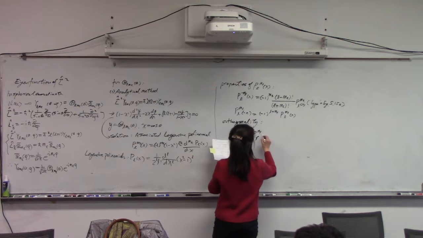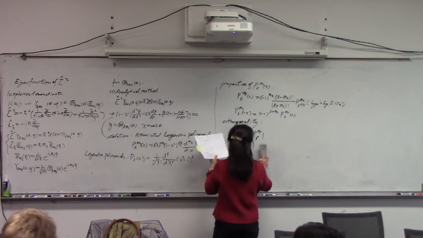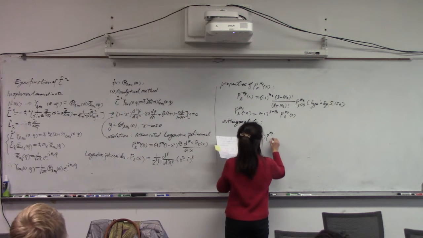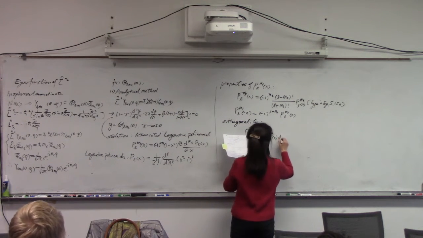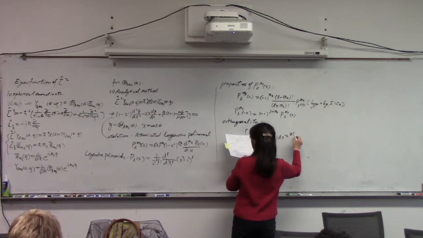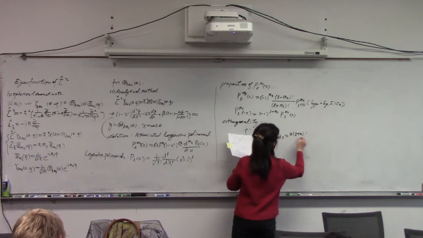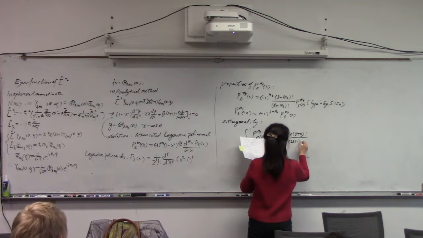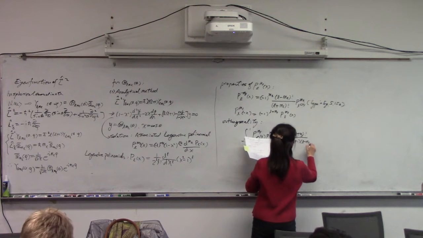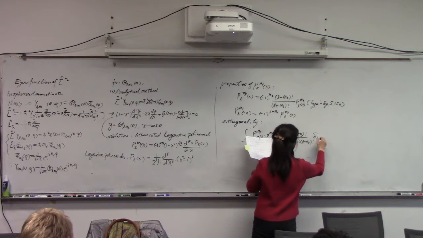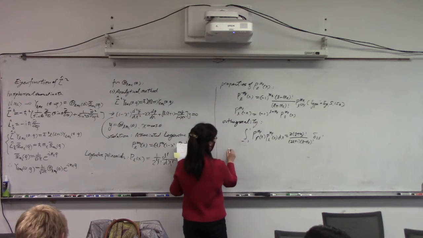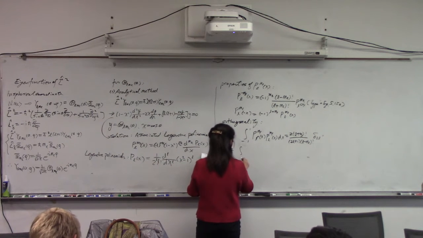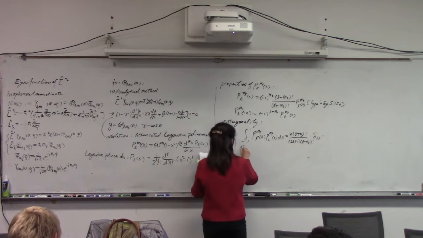dx equals 2 times (l plus m) factorial over (2l plus 1) times (l minus m) factorial, times delta l l prime. Or in terms of theta, we just go to spherical coordinates, where theta is from 0 to pi.